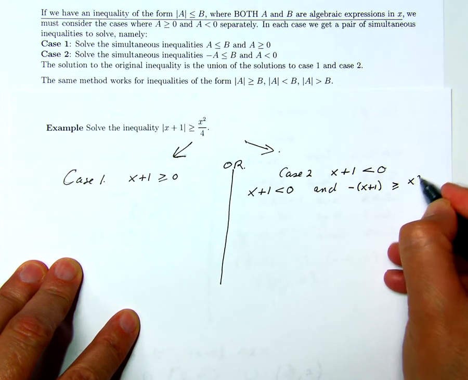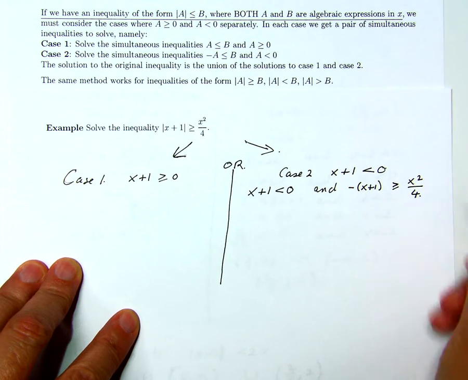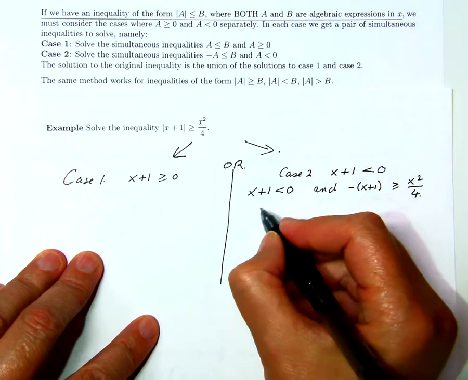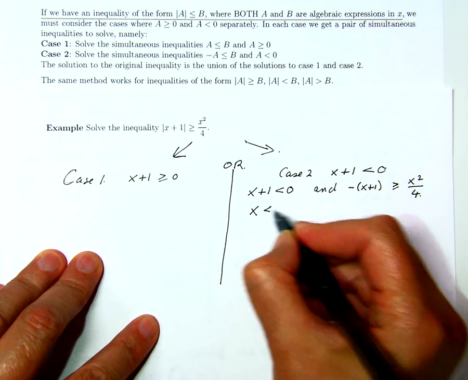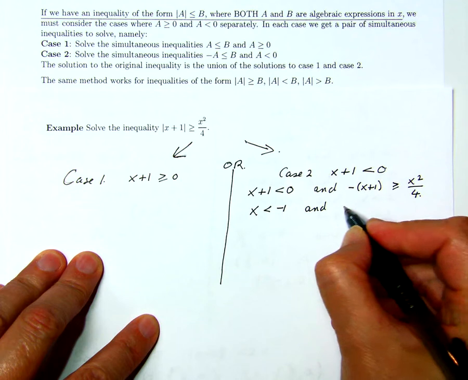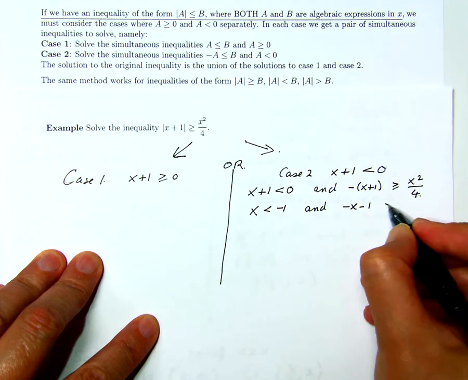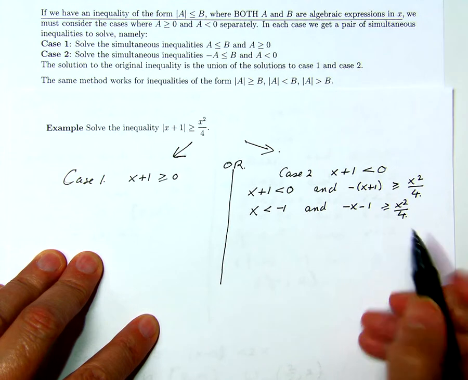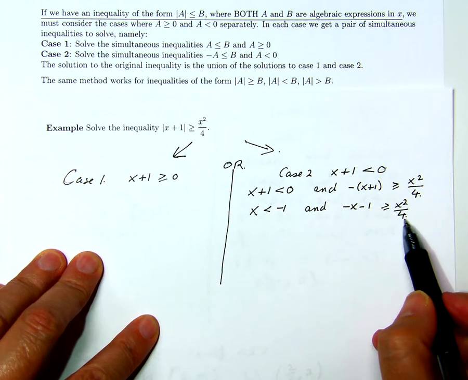I'm going to translate this to x less than minus 1, and multiply by the minus sign to get minus x minus 1 greater than or equal to x squared over 4.